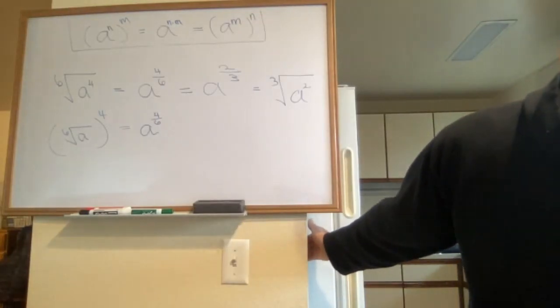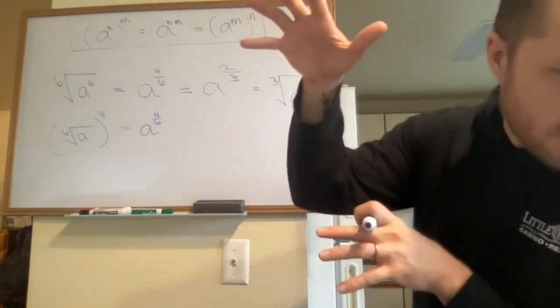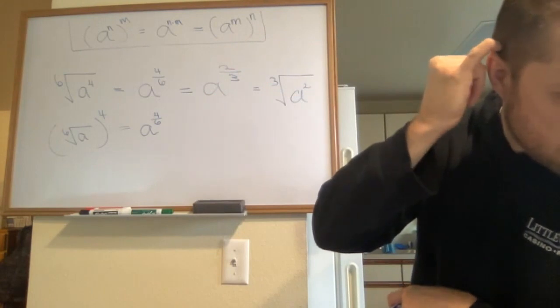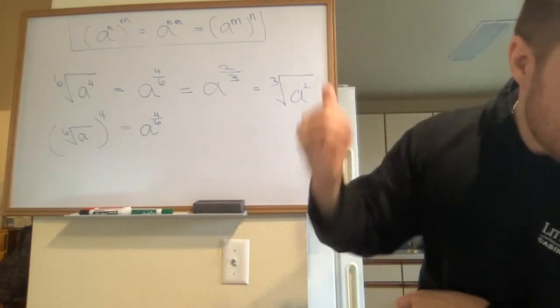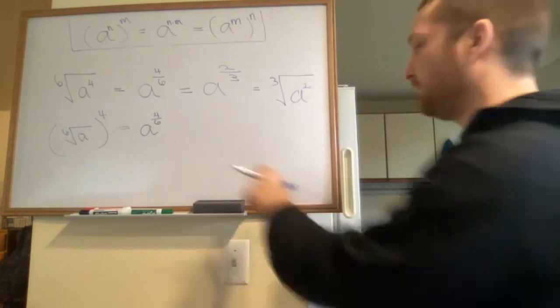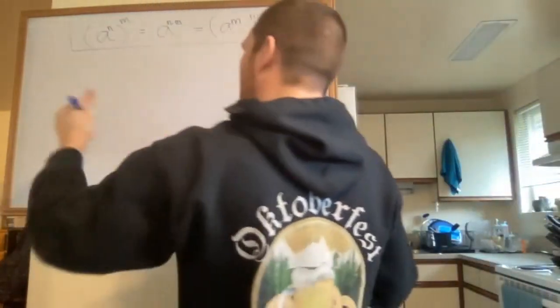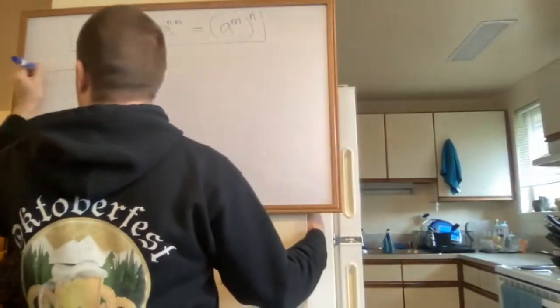You're gonna have some uglier ones with fractions inside radicals. Might as well do one of those. Let's do that. So when you have a fraction inside a radical, we've dealt with this before.